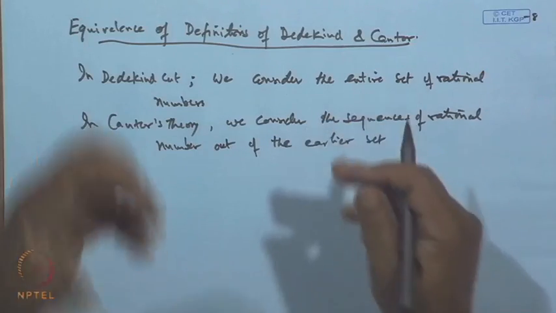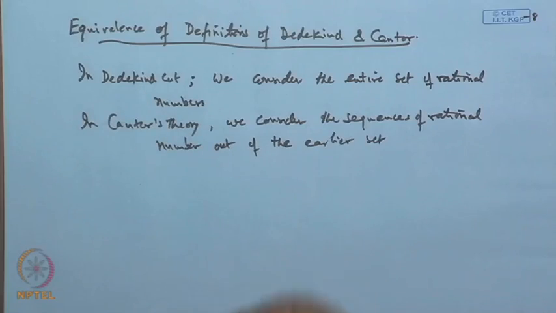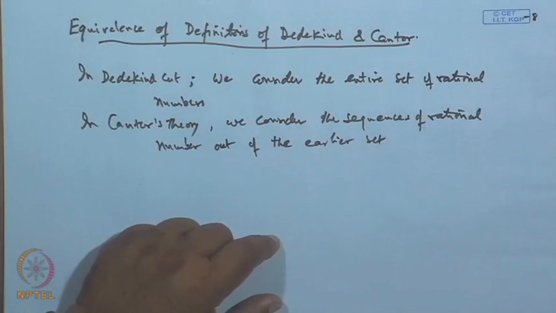From this set of rational points, we pick up a sequence of rational numbers and then we say this converges to a rational or converges to an irrational point. So, in Dedekind's case we consider all the rational points at a time and put them in the form of sections or cuts, while in this case we bring a sequence of rational numbers and assign limits to this converging sequence, sometimes rational and sometimes irrational. So, this is the main idea which they have done.